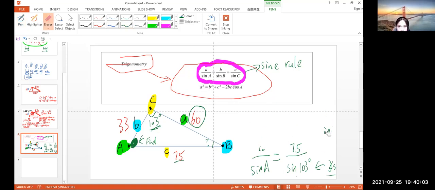So far, so good? Yeah. Once you form this equation, you do cross multiplication. So I get 60 sine 103 degrees equals 75 sine A. Just now I asked you to find this. I think it's 0.97 something, right?